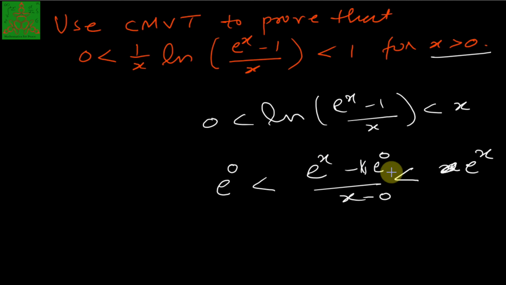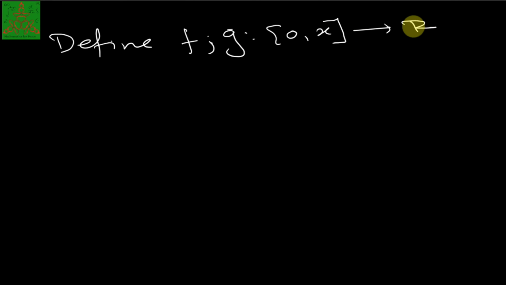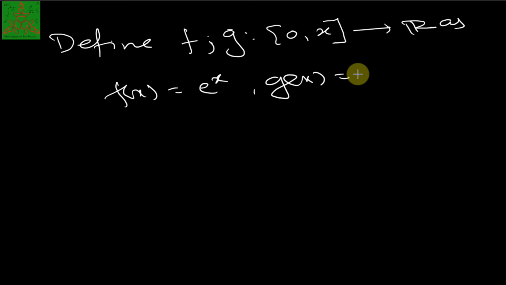So this will suggest what function you have to take. Let us define the functions f and g from 0 to x to R as f of x is equal to e power x and g of x is equal to x.